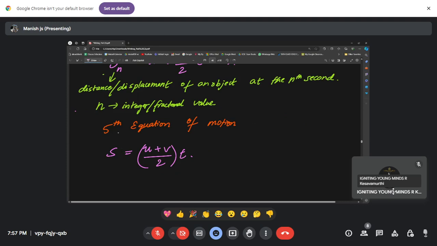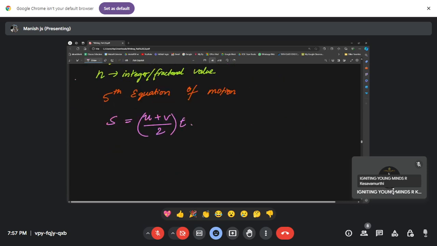So you can see it relates displacement, velocity, and time. So it's a displacement time relationship, another way of expressing it. Okay, so it's again the ST relation, which means displacement time relation.